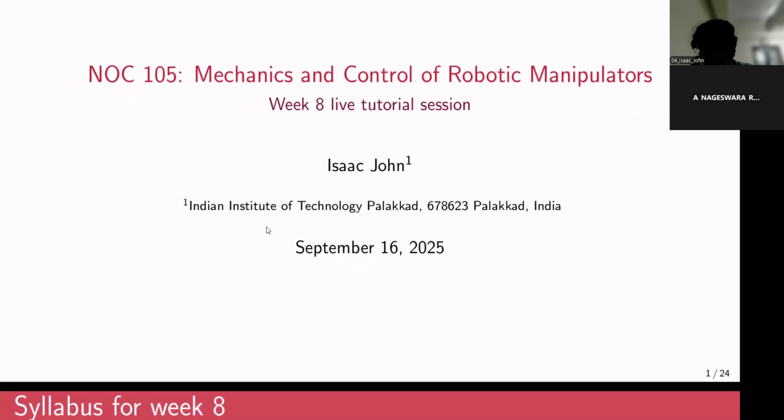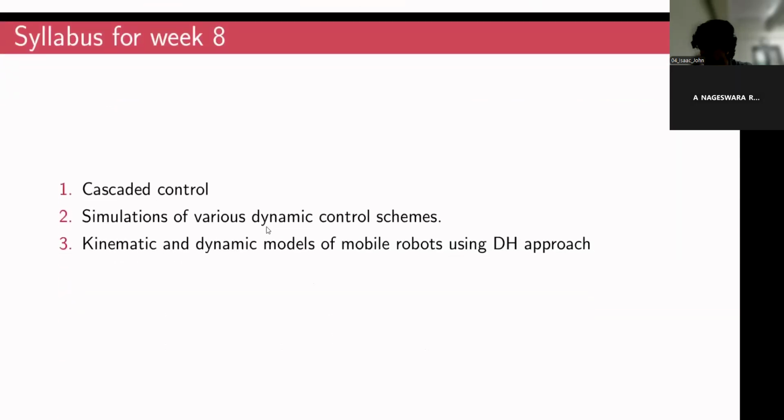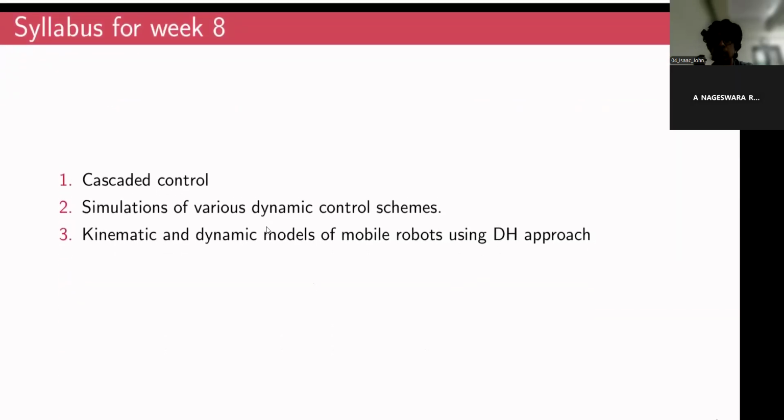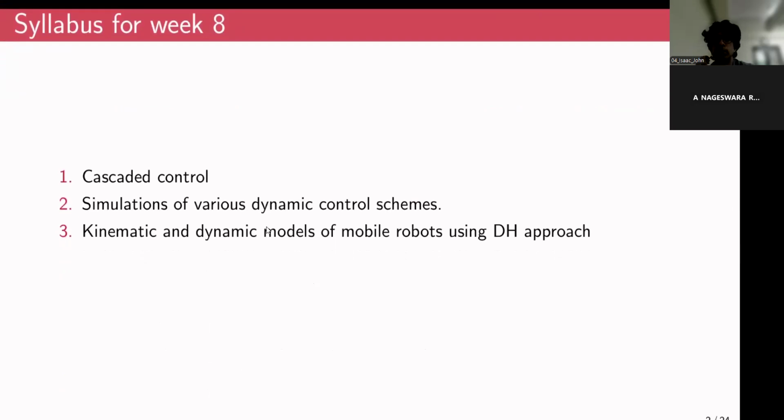So this week is basically an extension of what we have seen in the previous week. It's an extension of control systems. We are yet to discuss another control system called cascaded control. So we'll go through a summary of cascaded control for the remainder of this session.